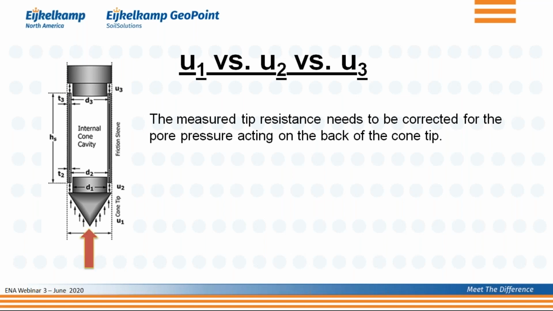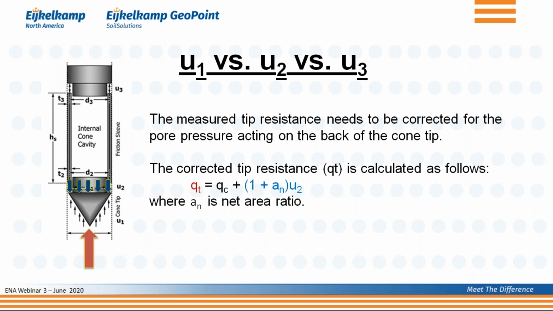As illustrated here, this is what you really want to measure: the true resistance, the true force, the true stresses that are applied on the cone tip. But it's counteracted by this little bit of pore pressure that is on the edge of the cone tip.